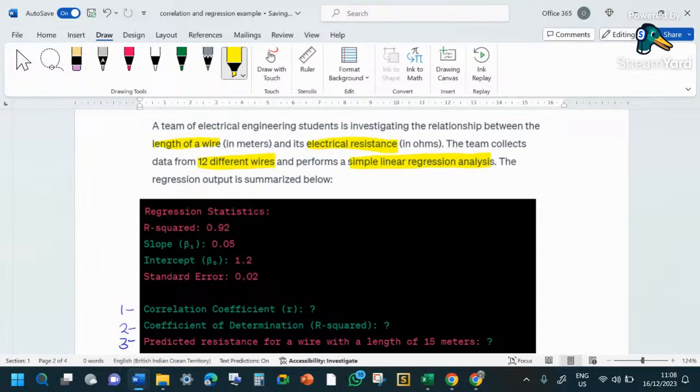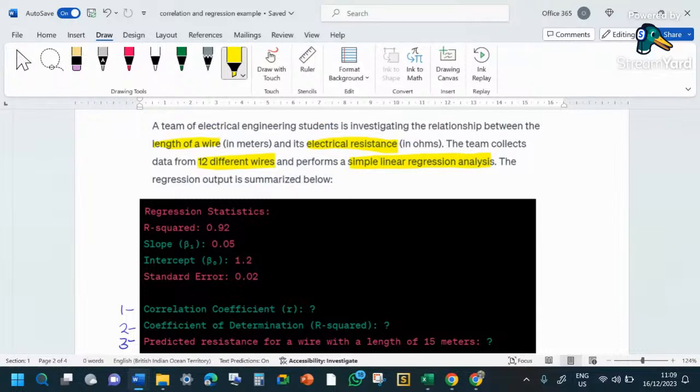So, what is the story behind this? A team of electrical students. So there is a team of electrical students. They want to investigate the length of wire and the electrical resistance for each length.